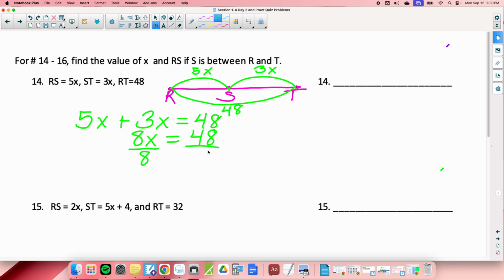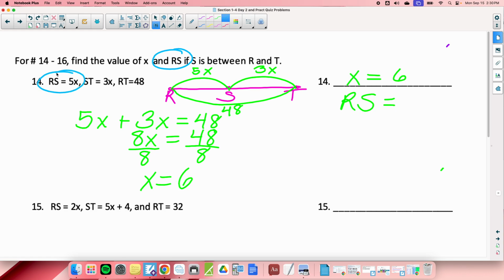Divide by 8. And x is 6. That is one of our answers then. And then we have to find RS. RS right here is 5 times x. What's 5 times 6? 30. And that's your answer. Do we get that?